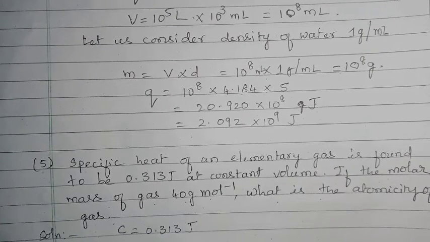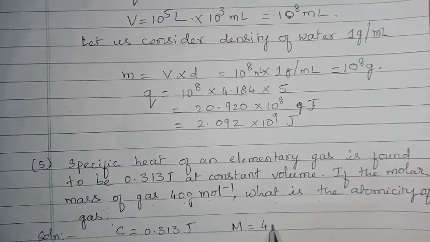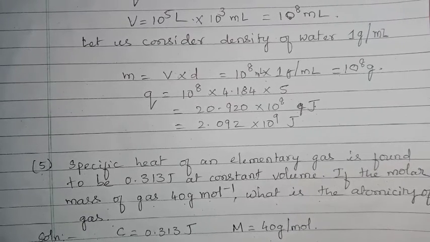It means the amount of heat energy required to raise the temperature by 1 degree Celsius. The molar mass of the gas is given, that is 40 gram per mole. They are asking what is the atomicity of the gas.